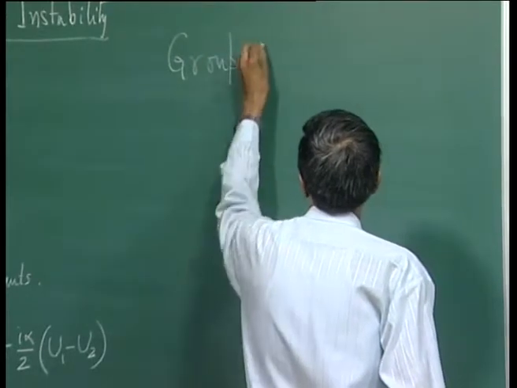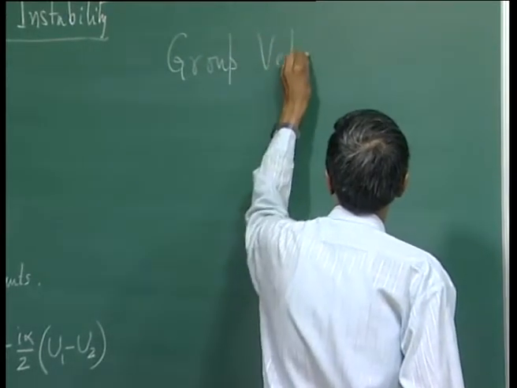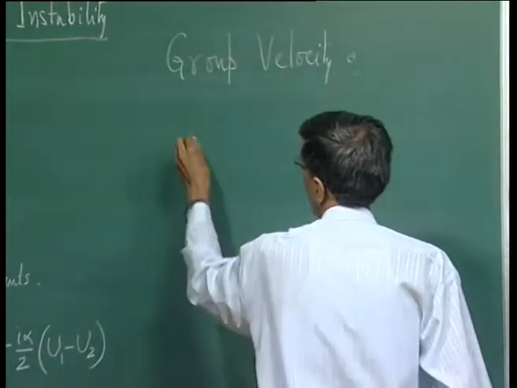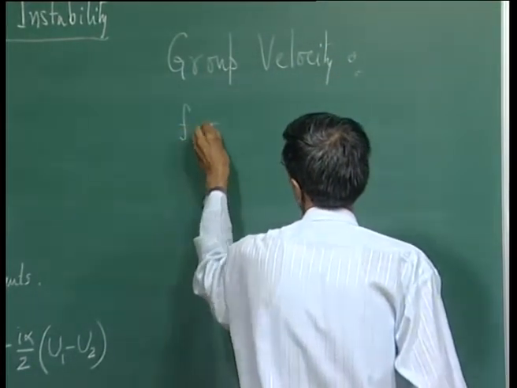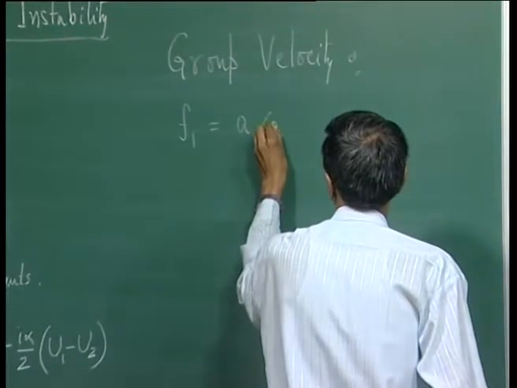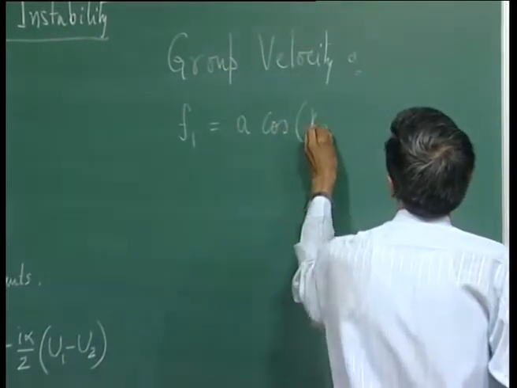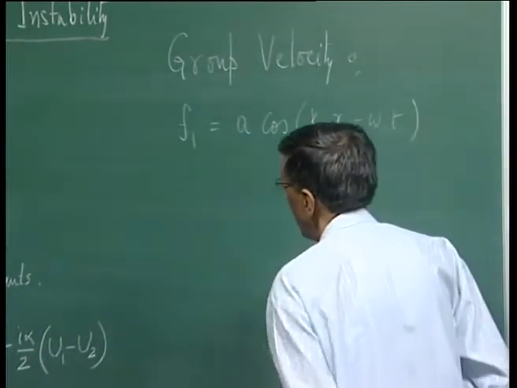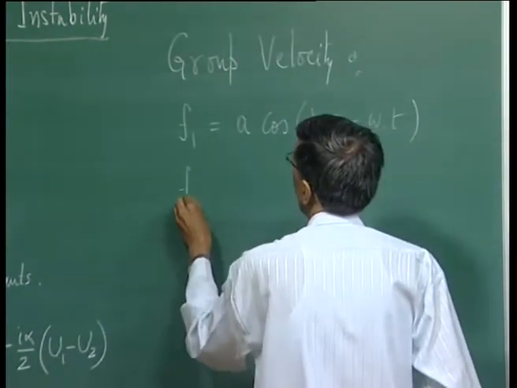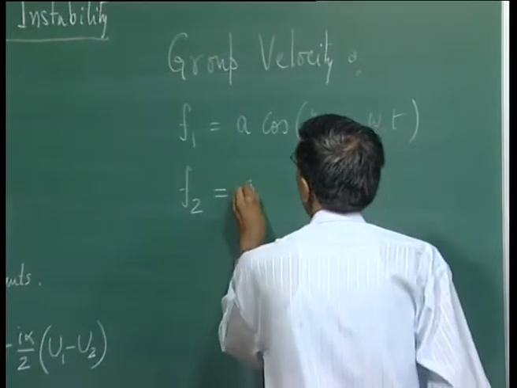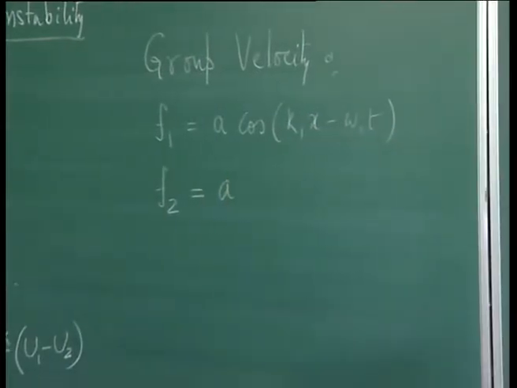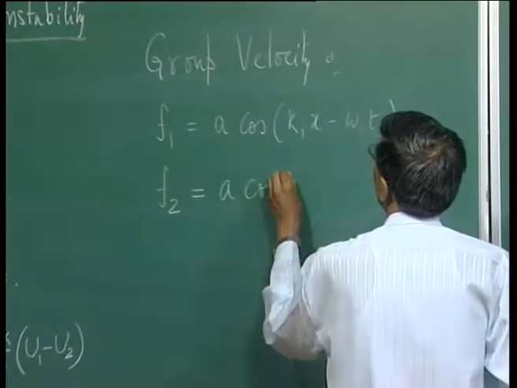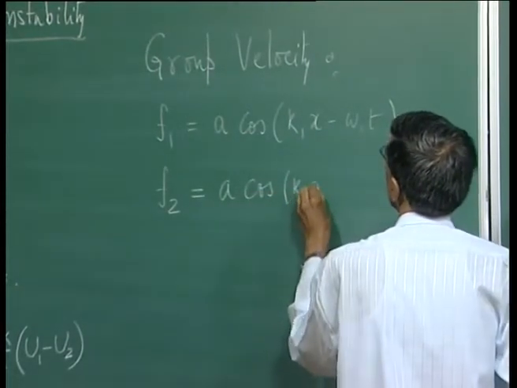So, to demonstrate this group velocity idea, let us say we have two functions, f1 equals a cos(k1x minus omega 1 t), and similarly another function which has almost the same amplitude, a itself.